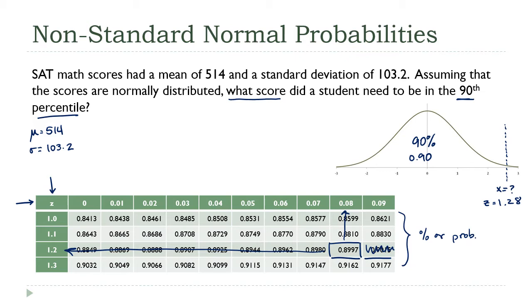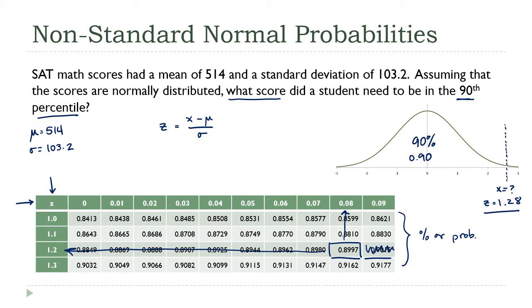I was asked for a data value, for a test score, but we've got a formula. Remember the z-score formula: z equals x minus mu divided by sigma. Well, I know mu and sigma, those are the mean and standard deviation. I was given them in the question. And I know the z-score. I just found it right here.